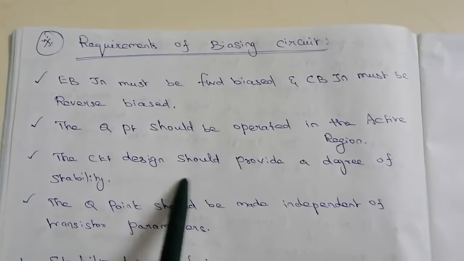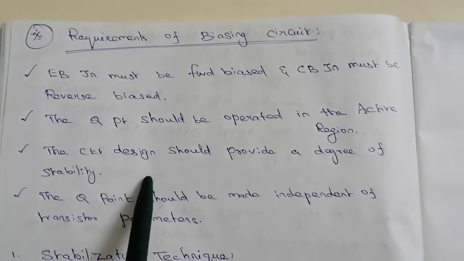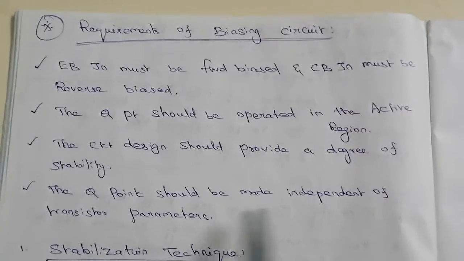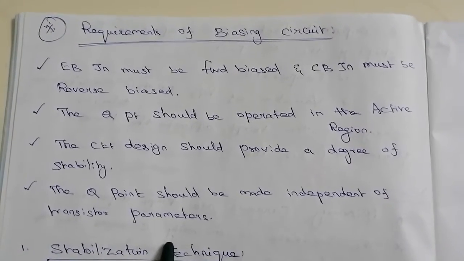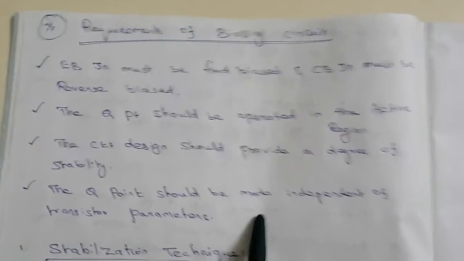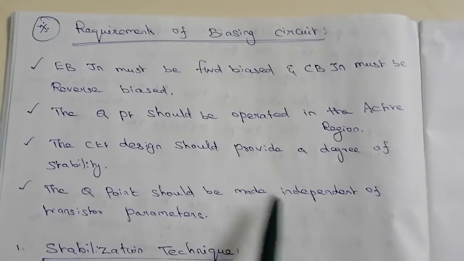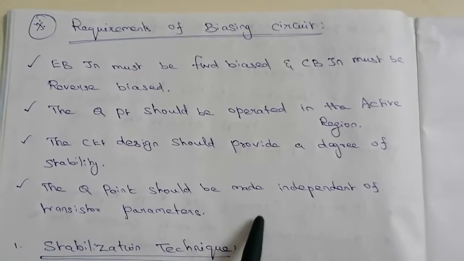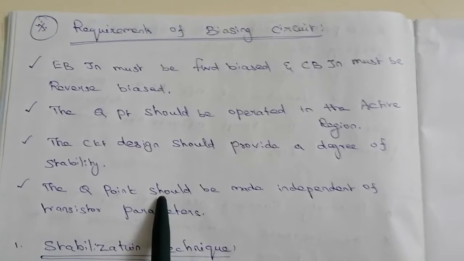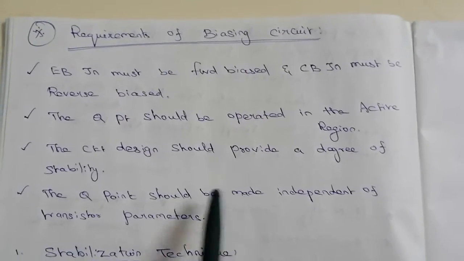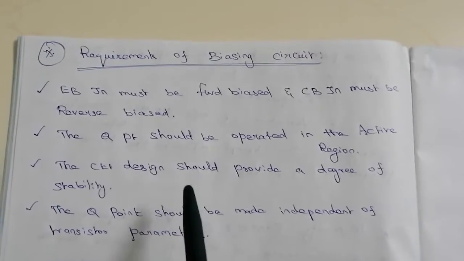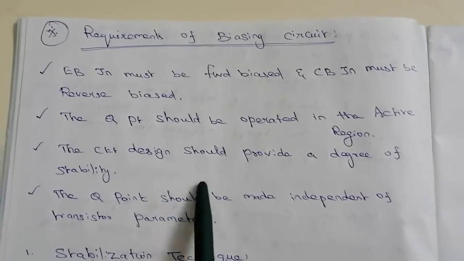Then last point, the Q point should be made independent of transistor parameters, because the transistor parameters are dependent on temperature. Independent means it is not directly varying with them. If the transistor parameter increases, the Q point, the collector current, should not change. So it should be independent of transistor parameters. So these four points are very important for the requirements of a biasing circuit.